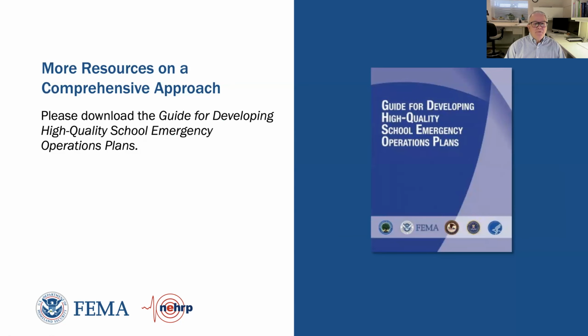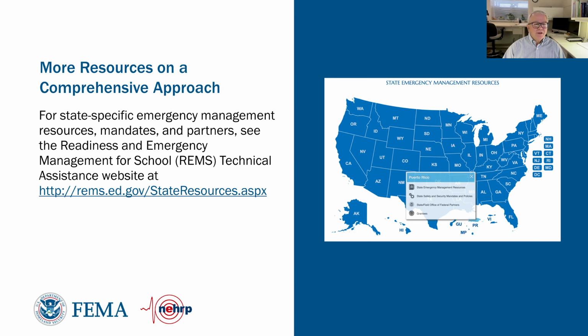We've mentioned that we want you to be considering this guide, the guide for developing high quality school emergency operations plan, together with this manual, this guidebook, because there are a number of things that are integral to that are really important. There is a website called the Readiness and Emergency Management for Schools, or the REMS Technical Assistance website, and it provides a chart of the states in the United States.